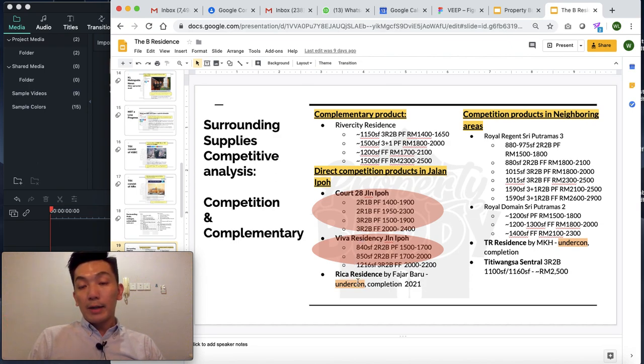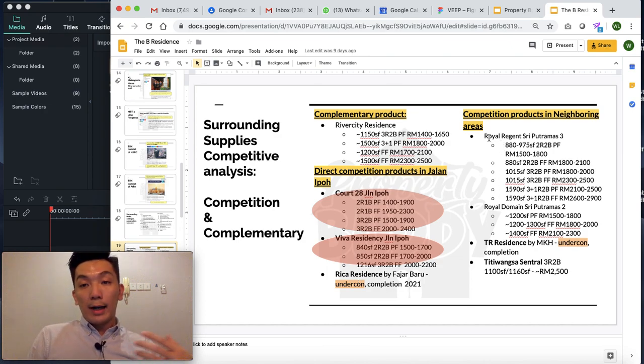So that's why Rika is here, to remind us that when we consider buying the Birch, we have already taken this kind of factor into consideration. Our way of analyzing and research is pretty much very conservative. We are risk averse. Of course, there are times we take slightly more risk, but these are all calculated risks. We have to be aware of our competing products and the complementary products.